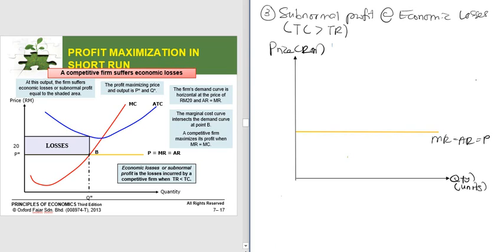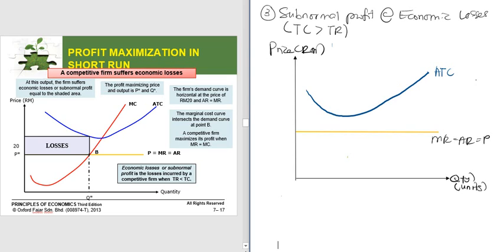But for economic losses or subnormal profit, when you draw the ATC curve, the minimum ATC must be above the average revenue and marginal revenue curve. So let's say you draw it here and then you label it as ATC. You see the minimum is above the yellow curve here.